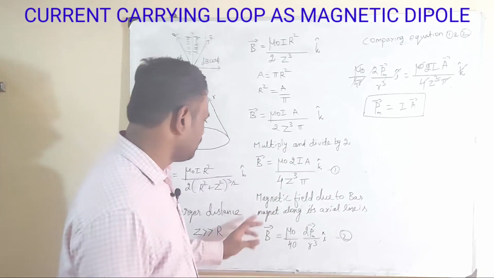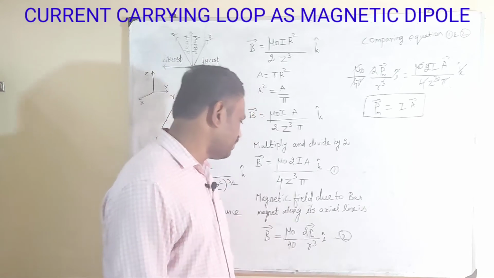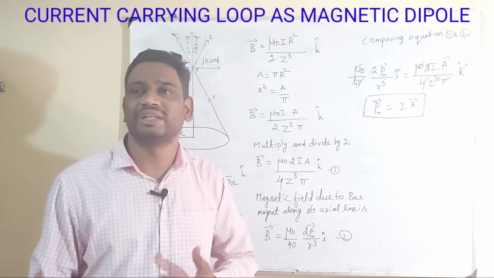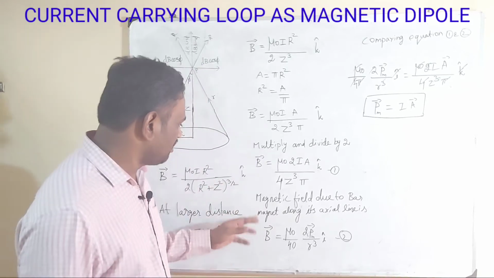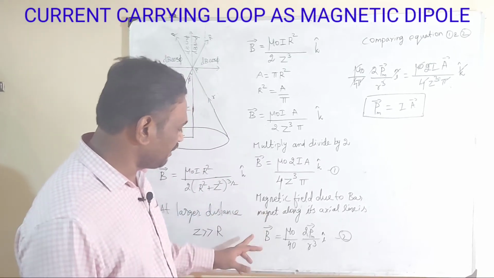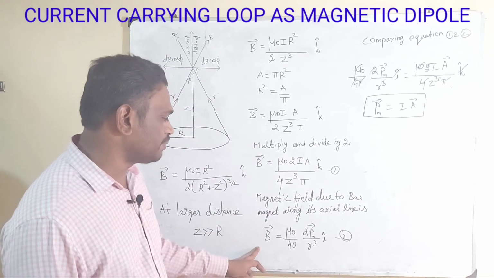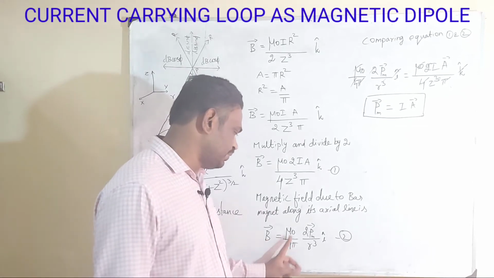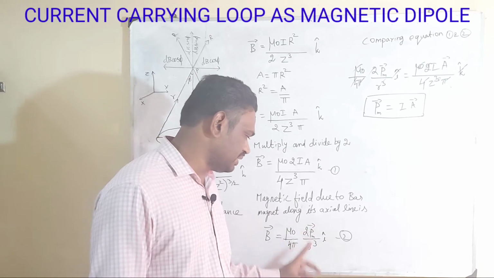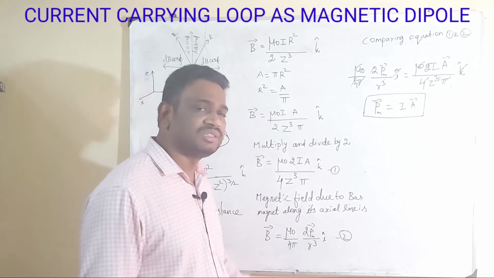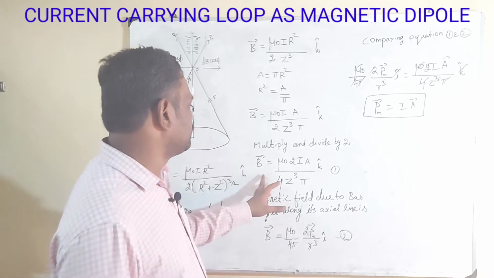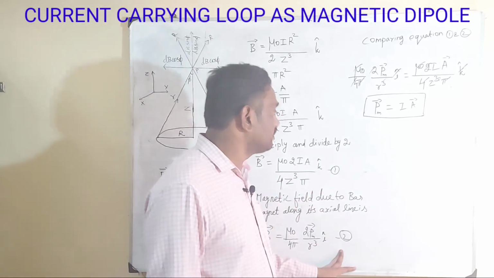The magnetic field due to a bar magnet along its axial line, this we have already derived in the previous classes. It is B vector is equal to mu naught by 4 pi into 2 PM vector divided by r cube into I cap. Let us call this equation 1 and that equation 2.